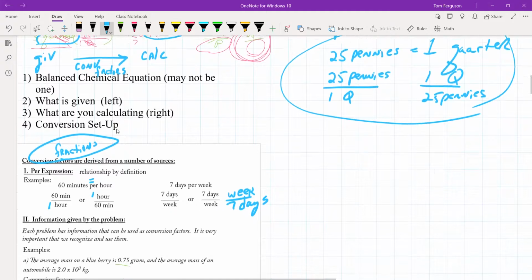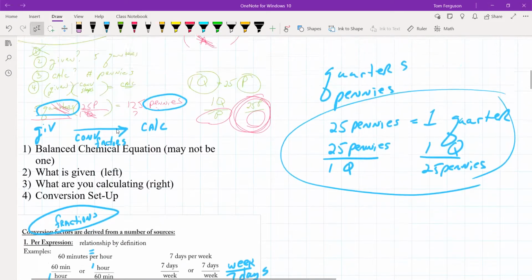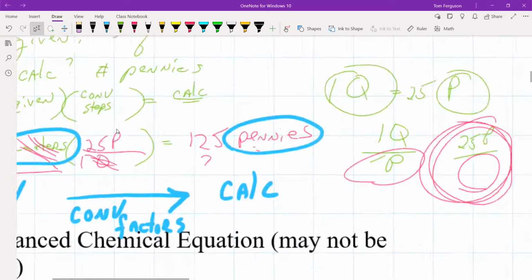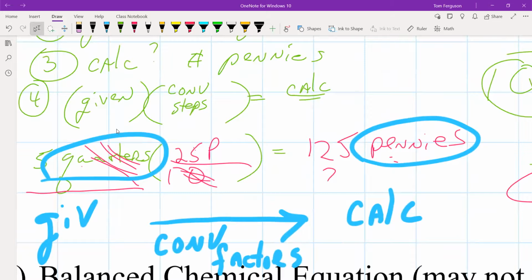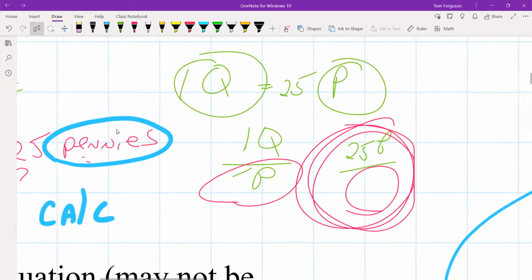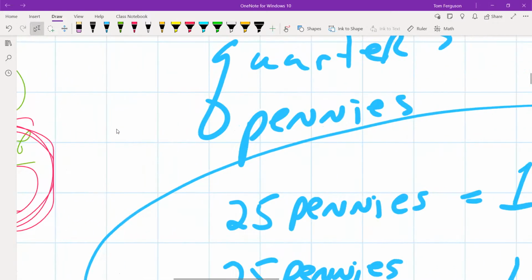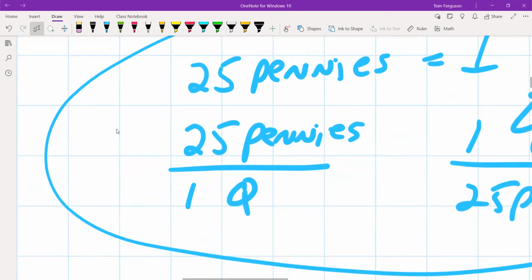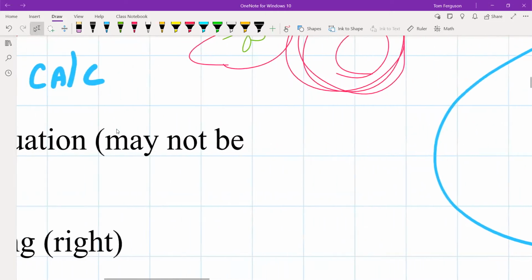Okay, so then the next step is, which of these conversion factors are you going to use? The 25 pennies over 1 quarter or 1 quarter over 25 pennies?